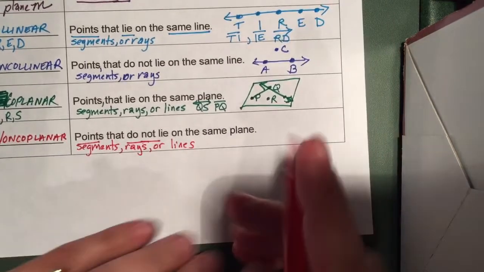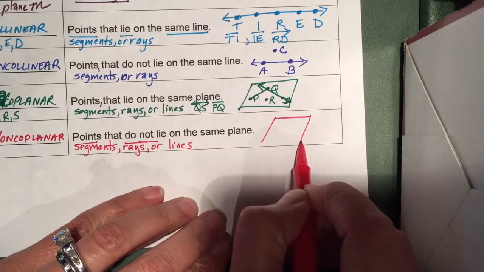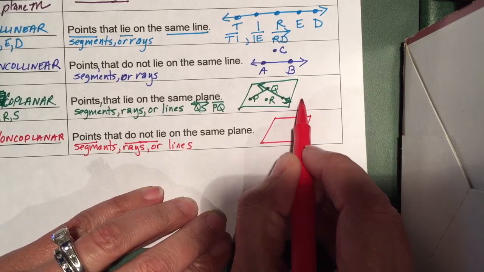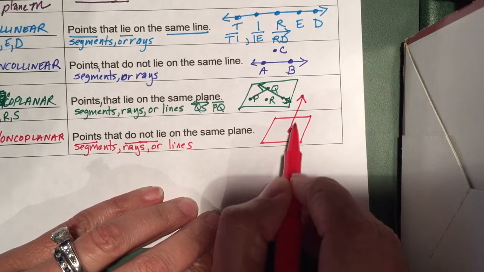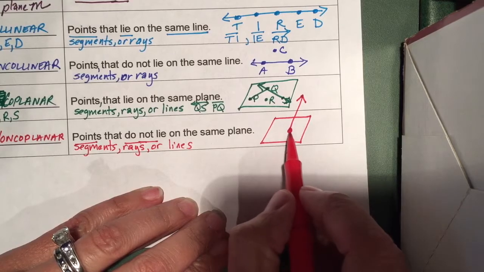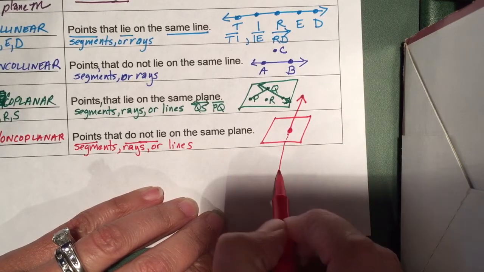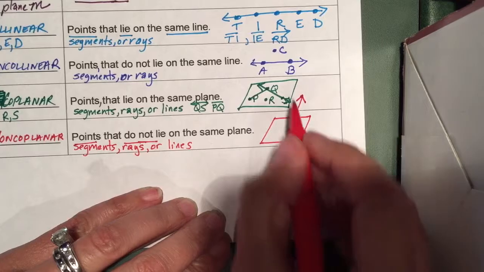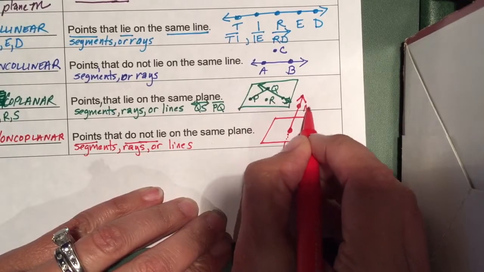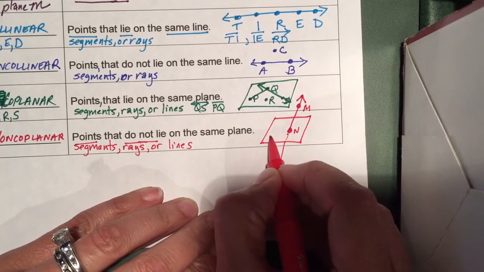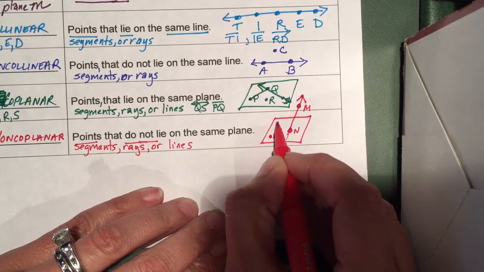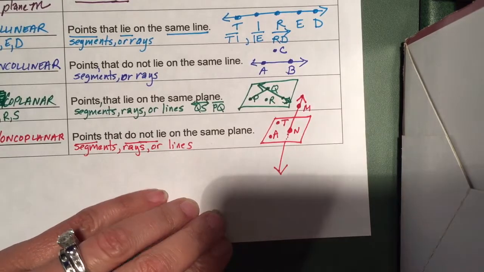Okay, so I'm going to draw a plane here, my standard plane, and I'm going to draw this line that touches the plane right here. It's kind of like, imagine a needle pushing through a piece of fabric or through a piece of paper. I'm going to draw this line that goes through this plane. And this will be M, this will be N, and then we'll have a couple of points. Here's A, and here's T, for example.